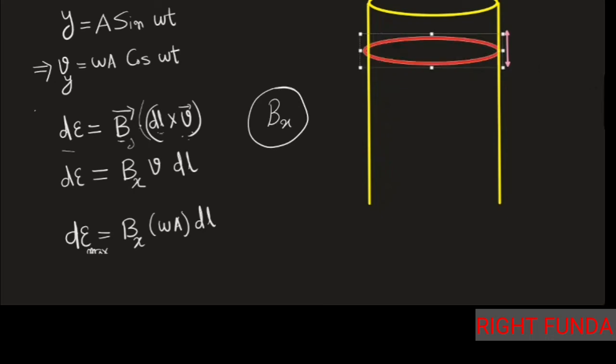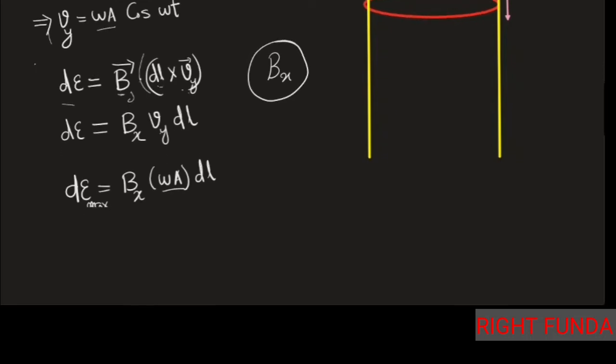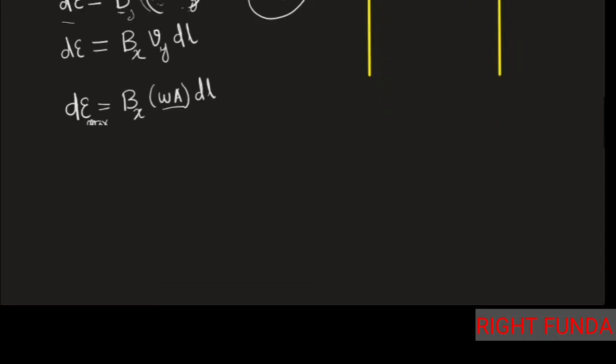Maximum speed is at the mean position, where the maximum value of Vy is equal to omega a. If I substitute the maximum value of Vy, I will get Bx omega a dl, the maximum emf that can be induced in any small element here. This is at the mean position.